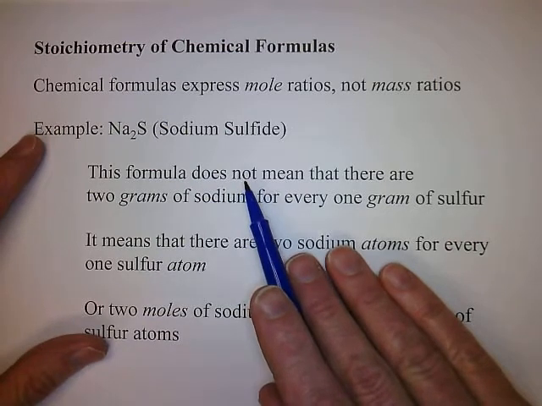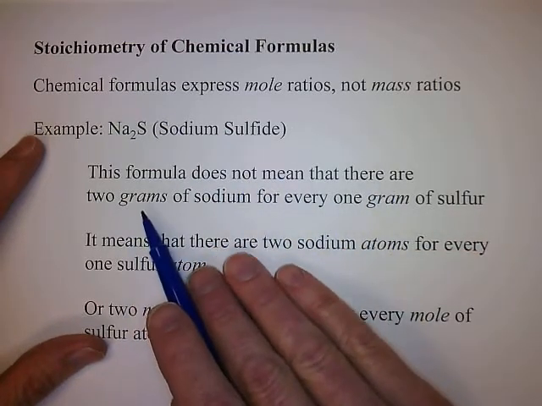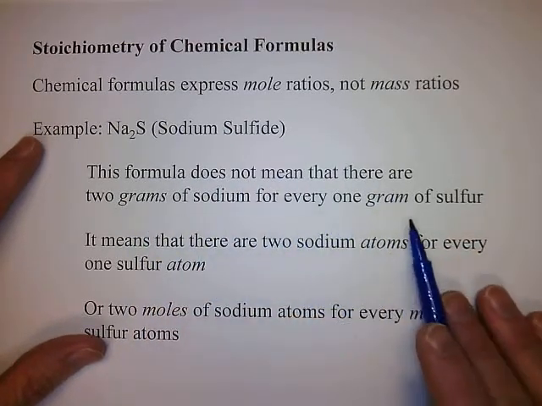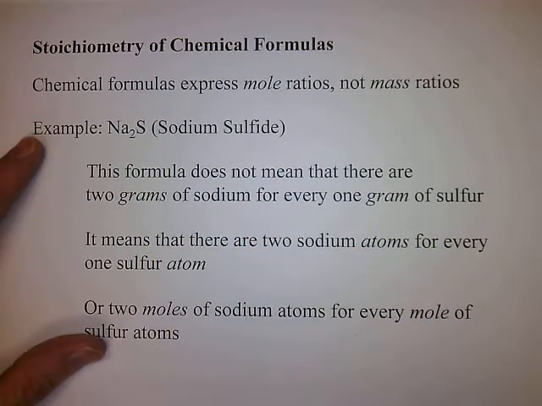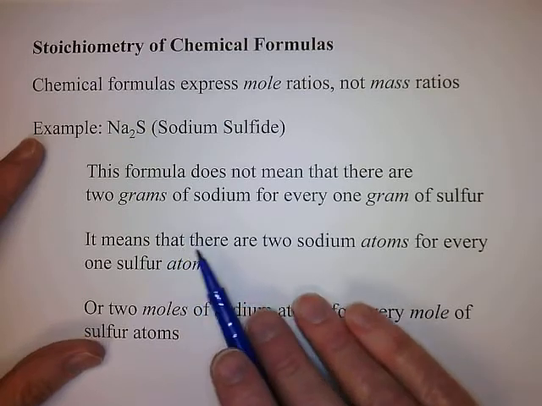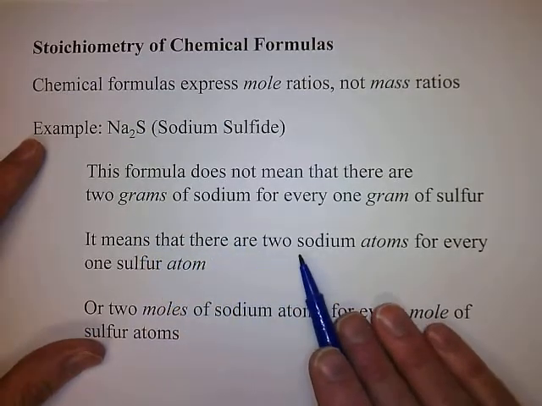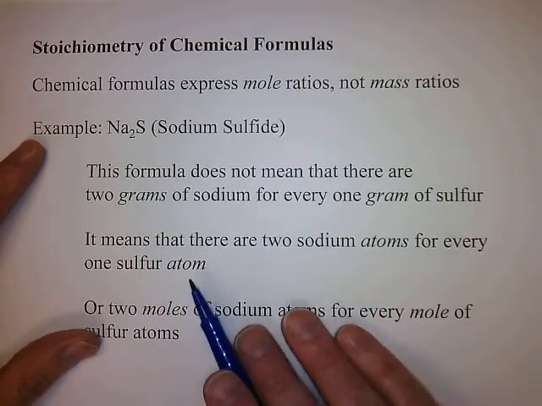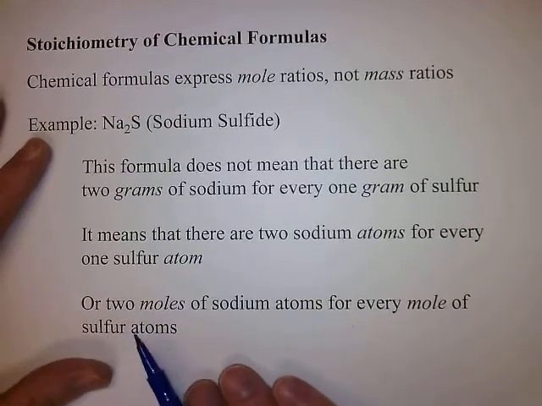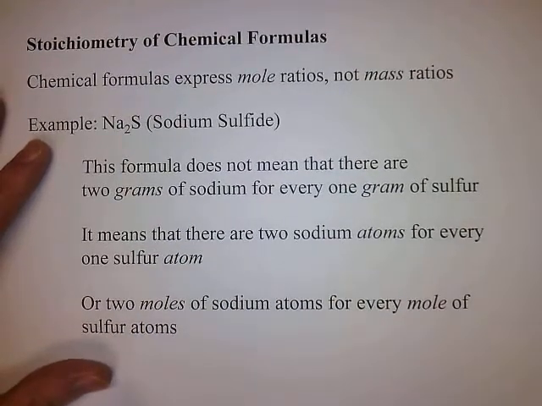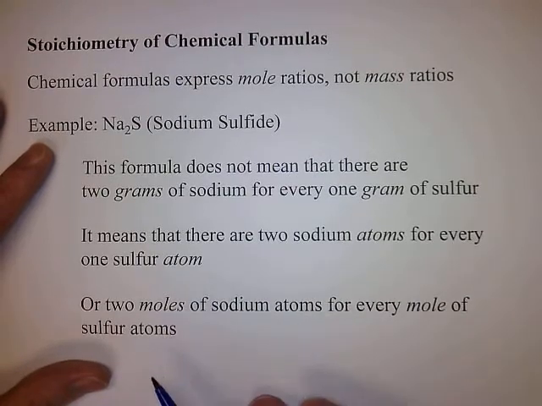It does not mean that there's 2 grams of sodium for every 1 gram of sulfur. This expresses mole ratios, not mass ratios. What it means is that there are 2 sodium atoms for every 1 sulfur atom, or more specifically, 2 moles of sodium atoms for every mole of sulfur atoms.